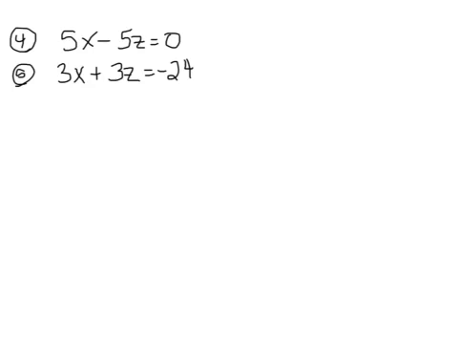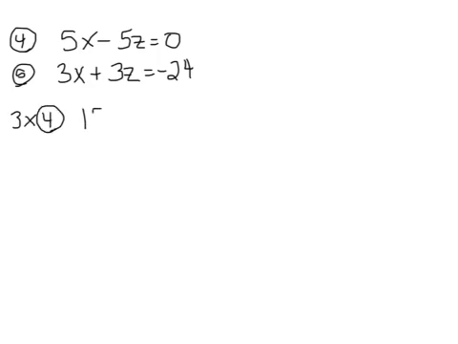The last step, of course, is to solve for x or z. And we can see that neither one has much of an advantage, since the coefficients here are 5 and 3. Here they're negative 5 and 3. But at least these are opposite signs already. So I would choose to eliminate z by multiplying equation 4 by 3. And of course I'll document it like this: 3 times equation 4.